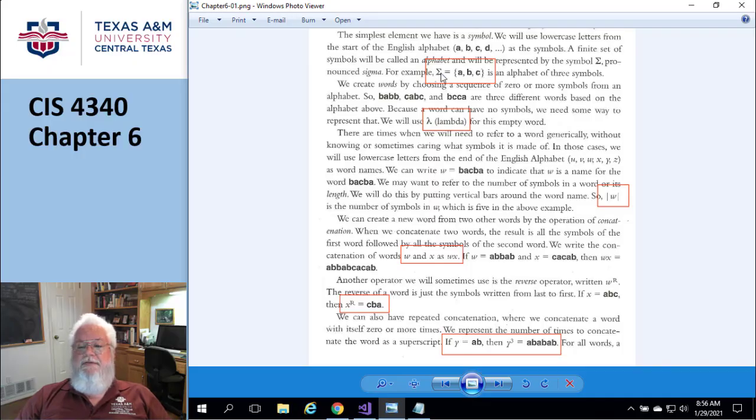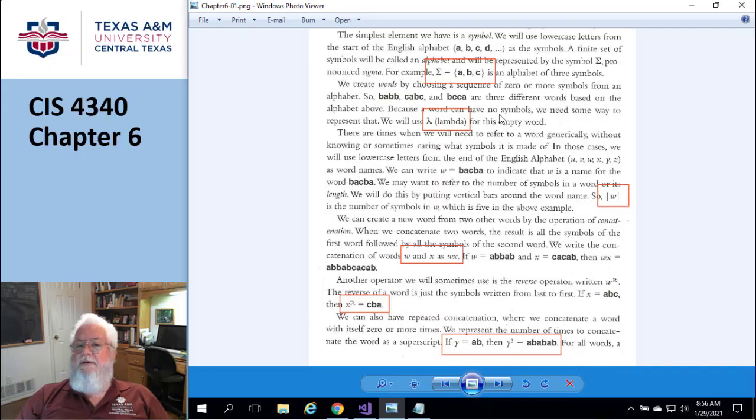So I'm using little sigma symbol over again. You know, before sigma meant like summation, the Greek letter S, but that's not what it means here. That just means this is the alphabet. Okay? So that means a word could be made up of any one of those things, any combination or duplicates.